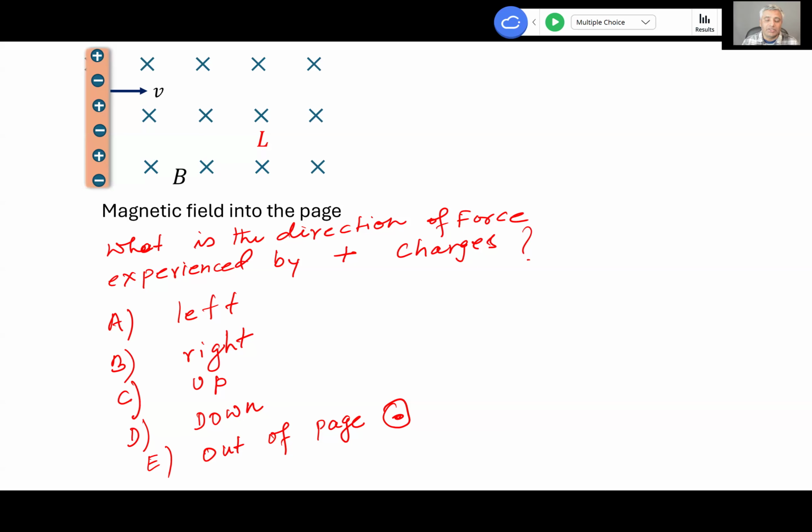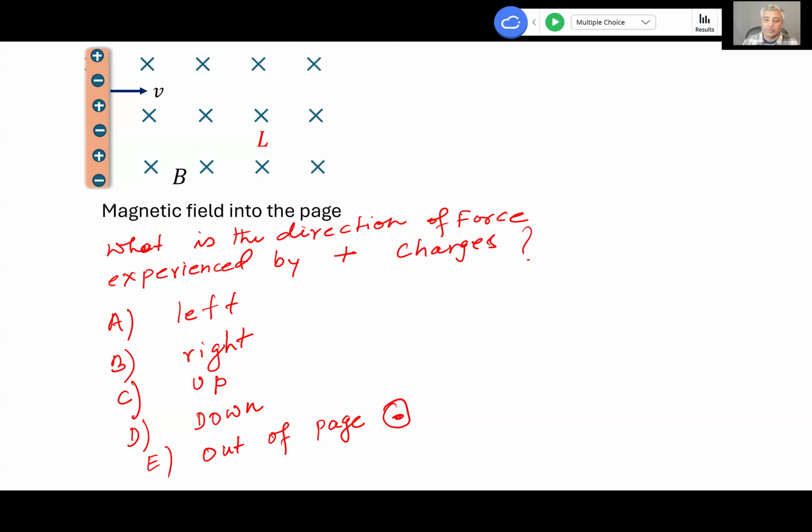So now B is going to the right in this case. So what should be your fingers doing? Going to the right. And how about palm? The magnetic field is going into the page in this case. See, the cross means into the page. Okay.